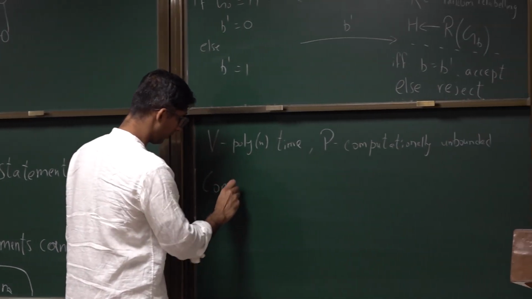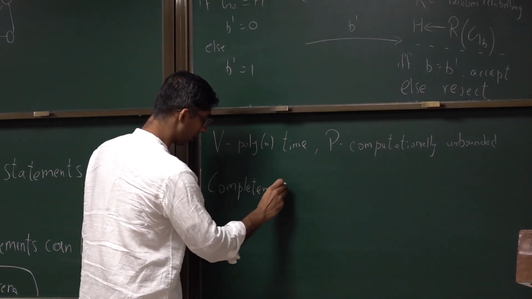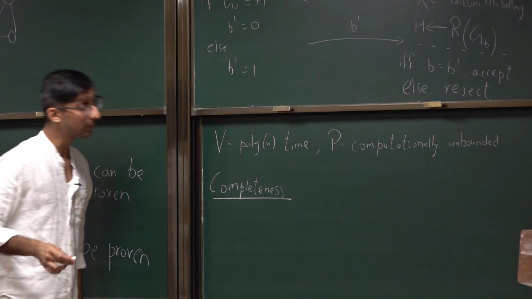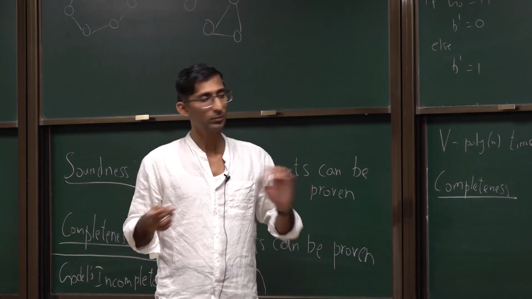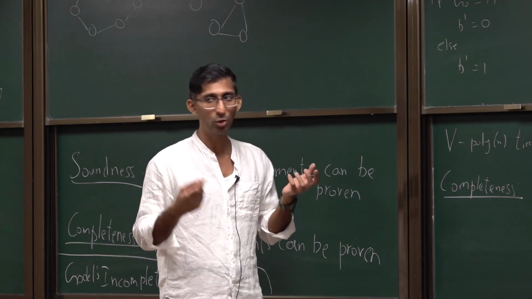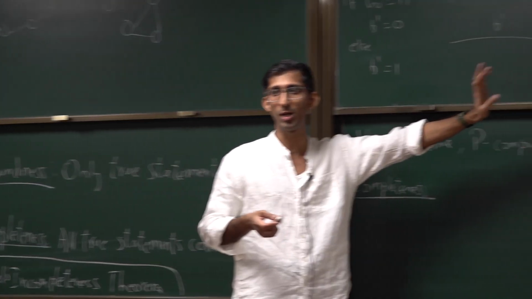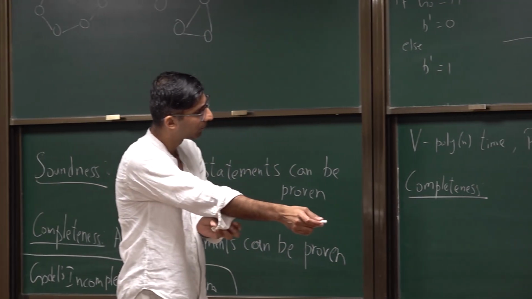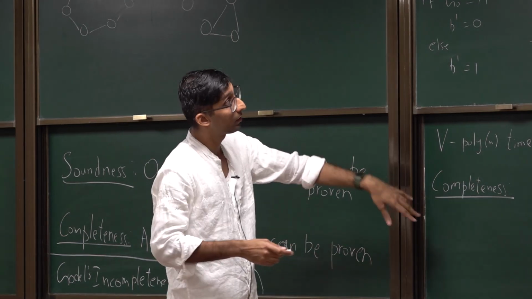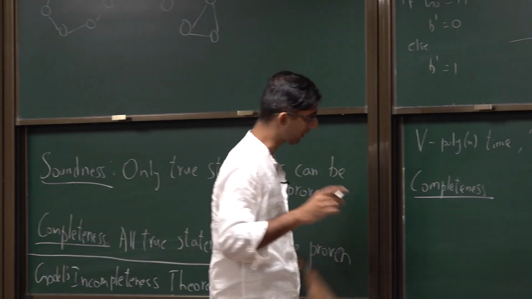The simpler property here is completeness. For completeness, if the graphs are not isomorphic, then I would like the verifier to accept at the end of the protocol. I'm going to define this in the context of graph isomorphism first and then we'll generalize it to a broader class of statements.